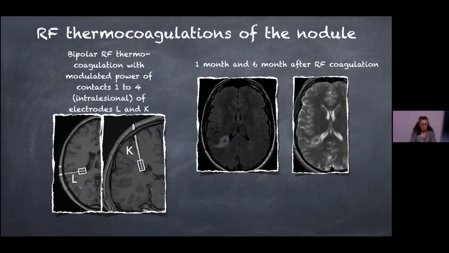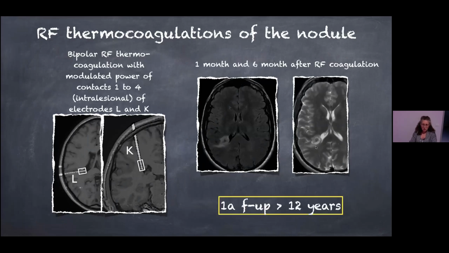So we performed the coagulation in the 2 contacts that explored the nodule, in the 4 contacts of each electrode exploring the nodule. And this is the result, the images at 1 month and 6 months after the coagulation. The patient is now 12 years after radiofrequency thermocoagulation and is in Engel class 1A, so is cured at the moment, no seizures.